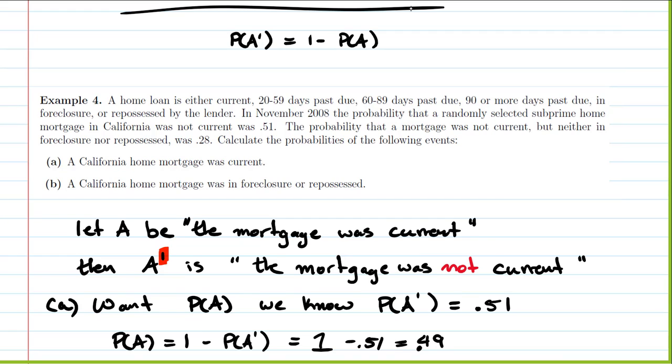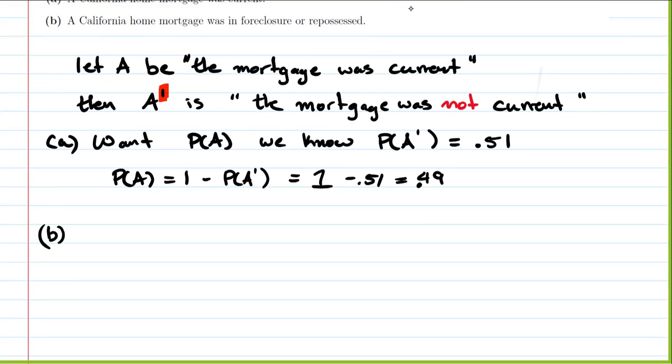So we need some events. We know that A prime is the mortgage is not current, right? So we know the people that were current, we've already taken care of them. That's the event A. Then we have the probability that it's not current, but neither in foreclosure nor repossessed was 0.28.